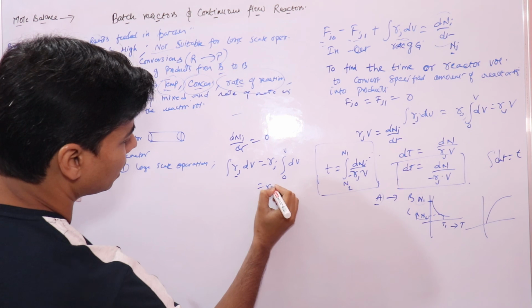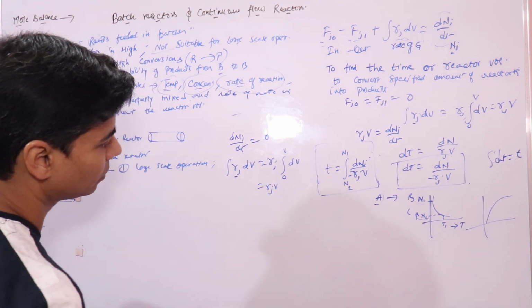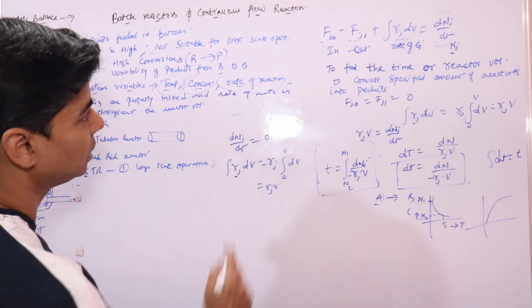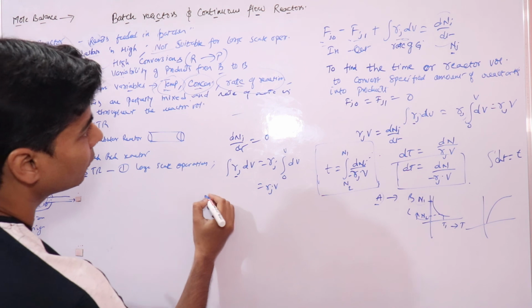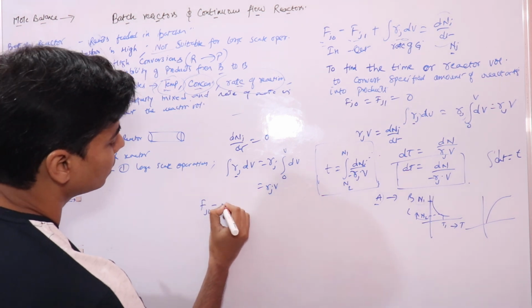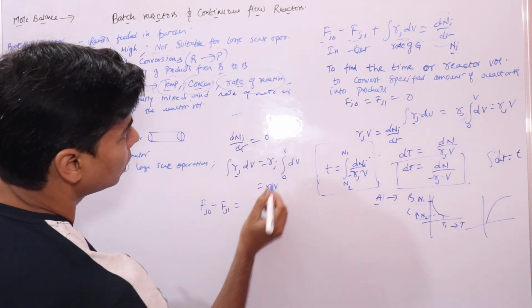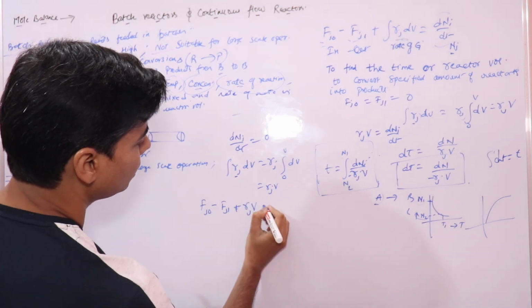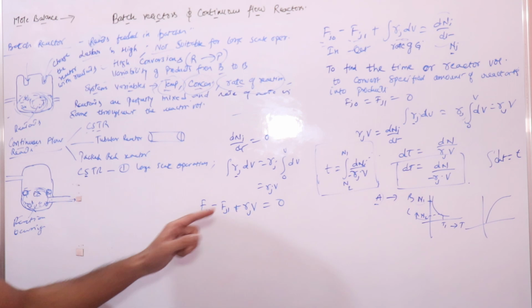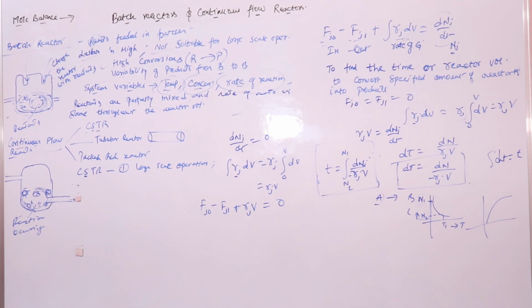What we get is RjV. If you put all these values in, you will get Fj0 minus Fj plus RjV equal to 0. From here you can find the volume of the reactor that is required.